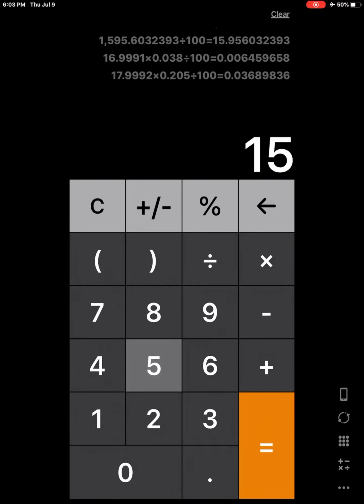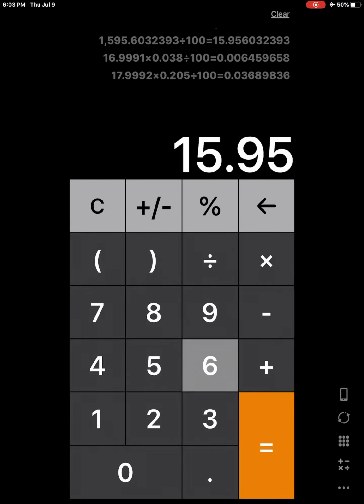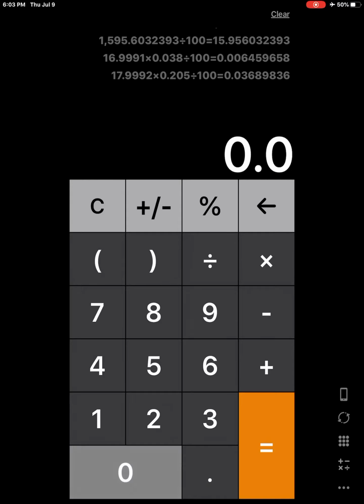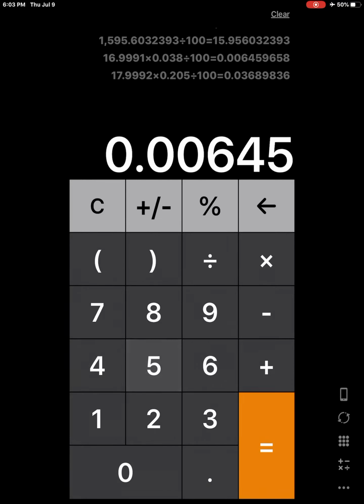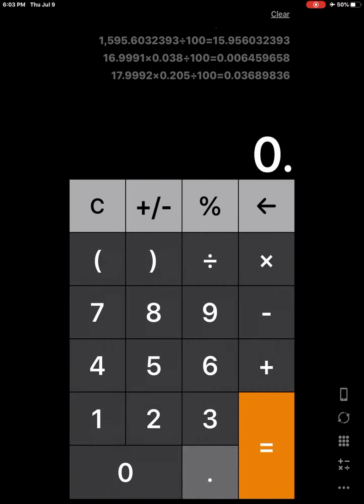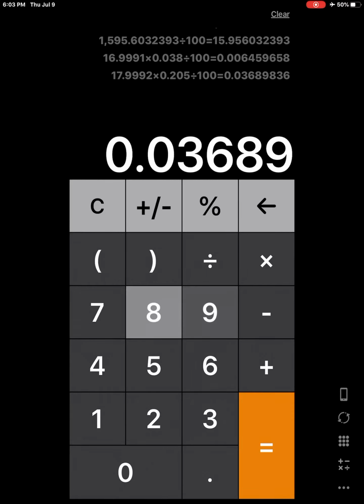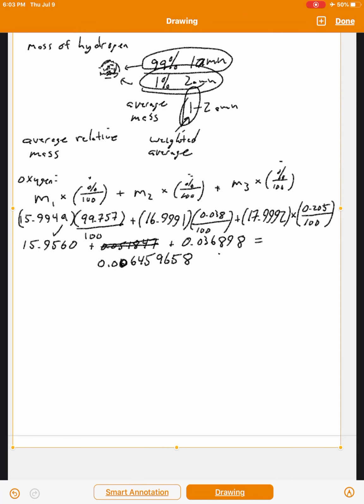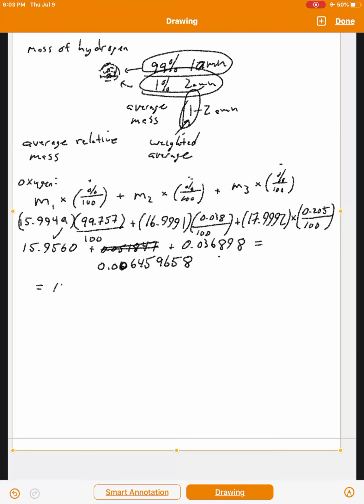It's all written up here. 15.95603 plus 0.00645 9658 plus 0.036 89836. Now we got something. 15.9994.